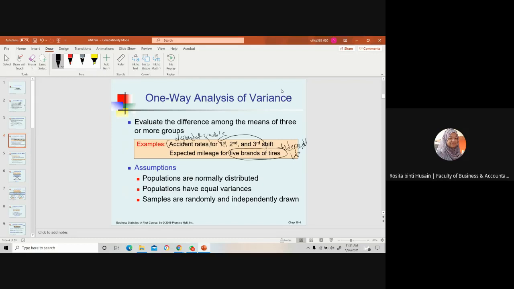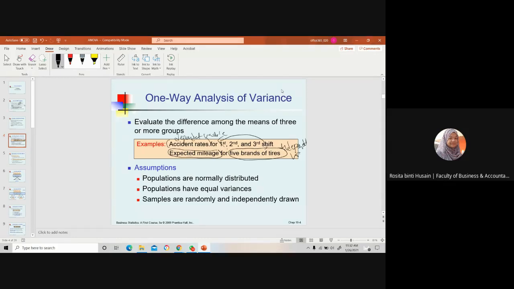So what is the factor? Expected mileage lah. Tayar ni dia tengok faktor dia, attribute dia, expected mileage. Itu adalah factor. This is a sample or group. And then this is a dependent variable.